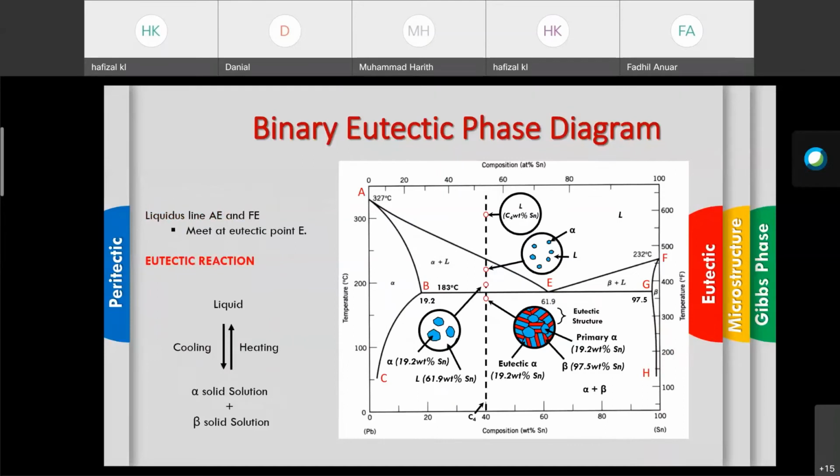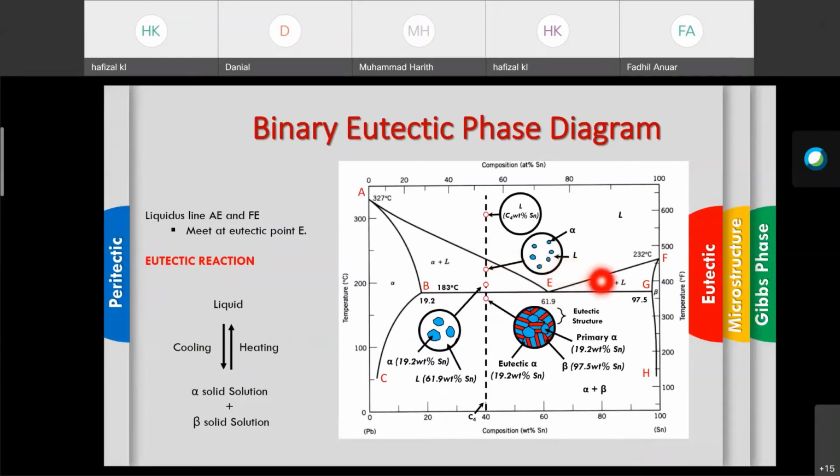And then we have the liquidus line at AEFE. At this line, we can say there is a eutectic reaction that takes place at point E, whereby the liquid will transform to alpha and beta solid solution along the way, whereby it does not transform to alpha plus liquid or beta plus liquid here.